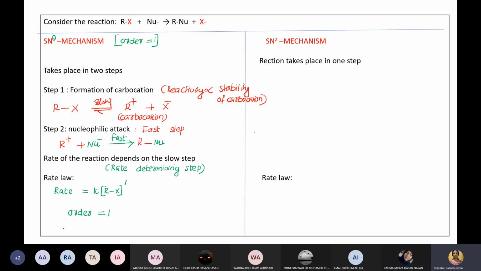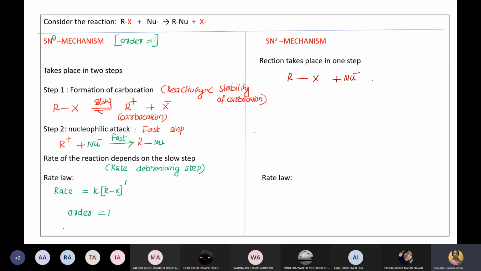Whereas if it is the same reaction following the SN2 mechanism, it takes place in just one step. Here, RX plus Nu minus.